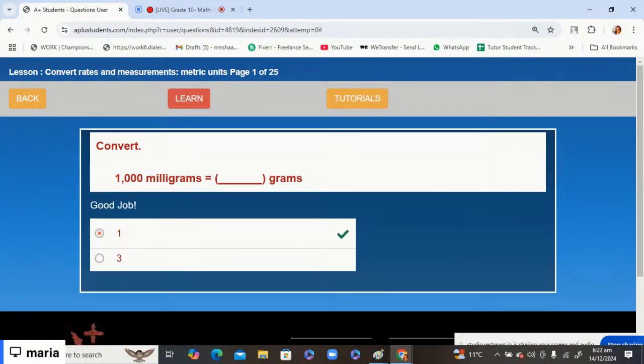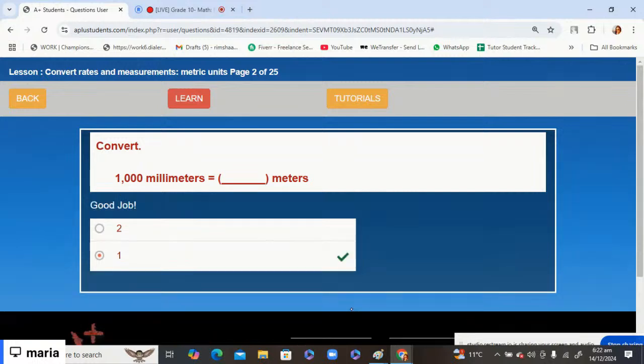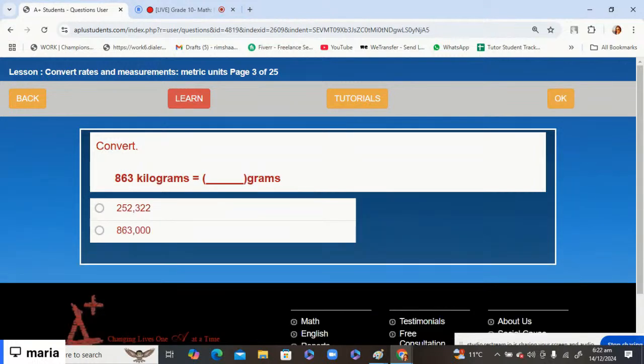Okay, 1000 millimeters is equals to how many meters? 1. 863 kilograms is equals to how many grams?